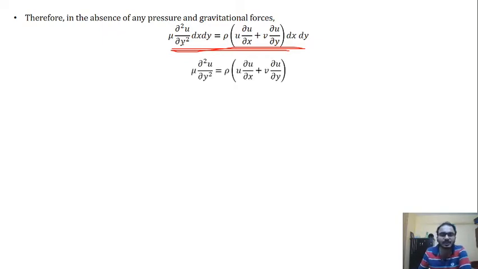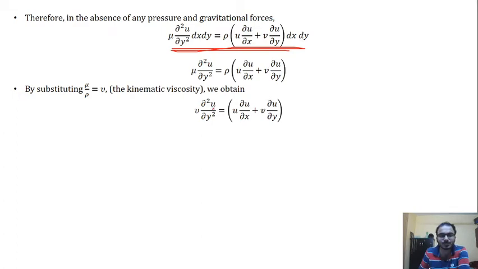And by eliminating dx and dy, we will be getting this simplified form, and we can substitute mu by rho with nu, that is kinematic viscosity. Then we obtain nu into del 2u upon del y square is equal to u into del u by del x plus v into del u by del y.